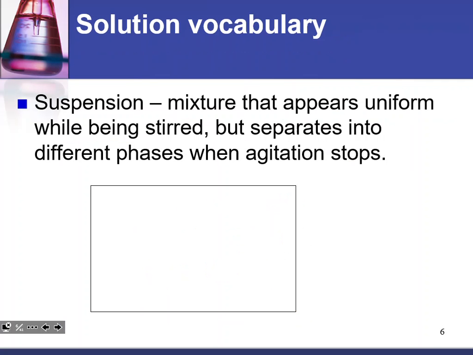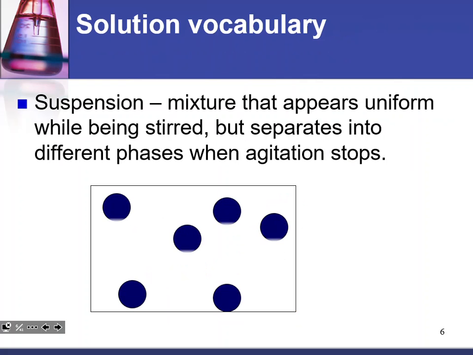So on to suspensions. A suspension is a mixture that appears uniform while it's being stirred or mixed, but separates into different phases as the agitation stops, so the mixing or the stirring stops. What you're going to see here is that they're larger particles, and if you stir it, it looks uniform, but if you set it aside and let it settle, the larger particles fall to the bottom and form a solid layer, like muddy water.